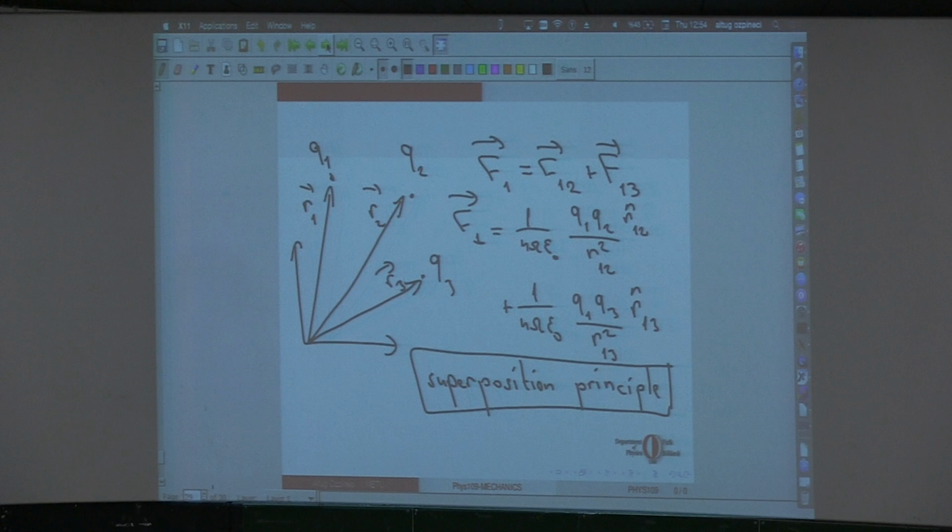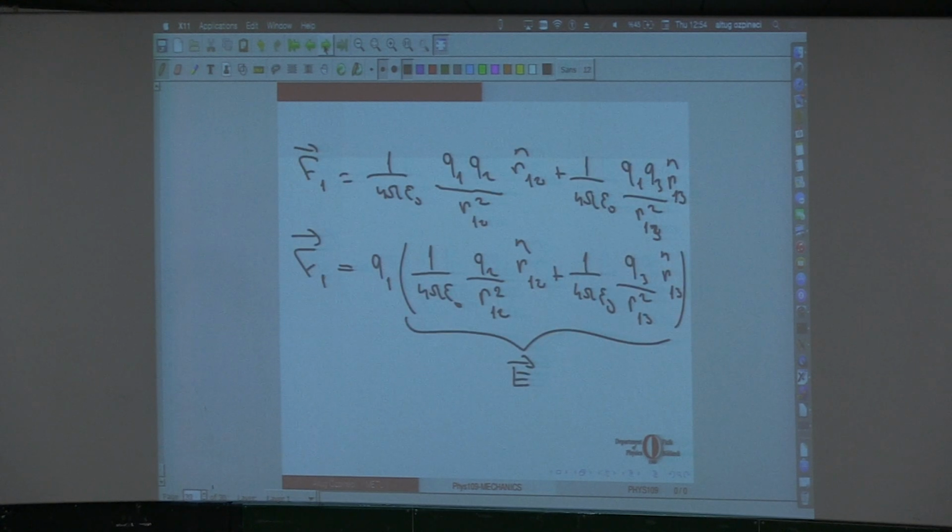So if you look at this expression, it is in fact the electric field at the point R1. The force that the first charge feels is nothing but its charge times the electric field at its position. So the force is again created by something at the position of the charge, not by something at a faraway distance.